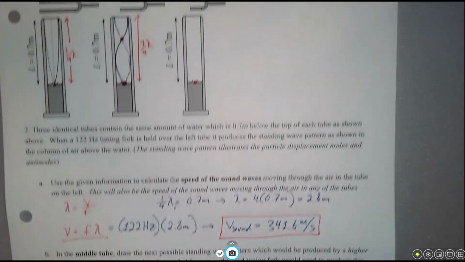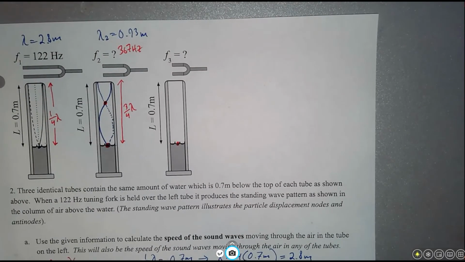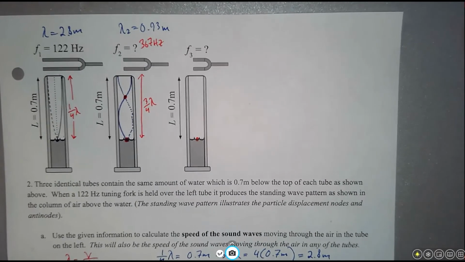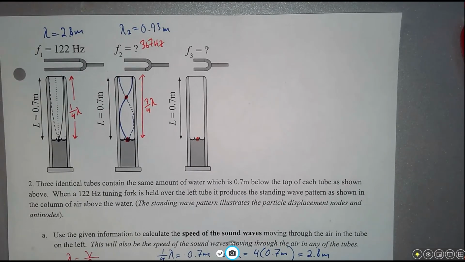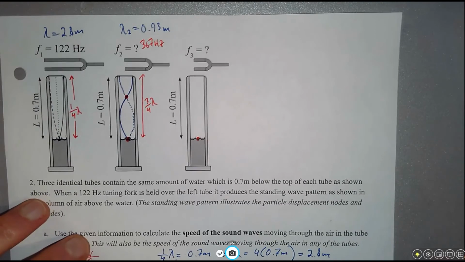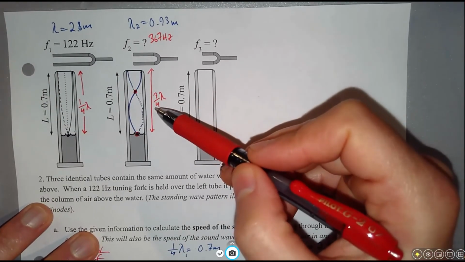So we go back up to our diagram, and we first need to draw what that standing wave looks like, a graphical representation of the displacement nodes and antinodes. For standing wave problems, the first thing you should always do is draw a diagram of the standing wave to help you figure out how much of the wave, partial or whole, fits inside of that column of air. So here's our second possible standing wave.